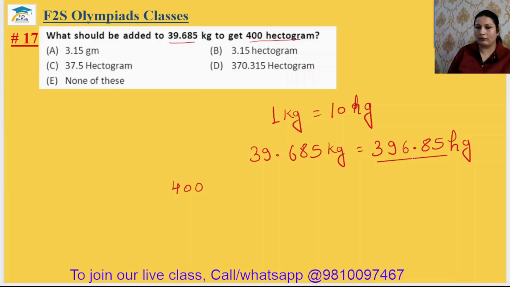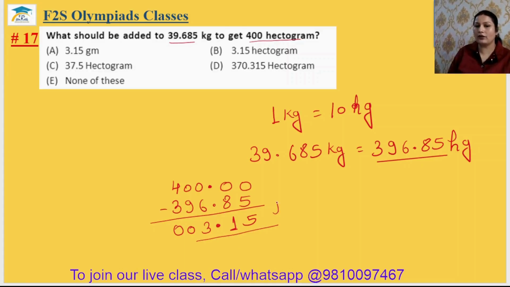For the subtraction, we make the decimal an equivalent decimal: 400.00 minus 396.85. 10 minus 5, 5; 9 minus 8, 1; decimal here; 9 minus 6, 3; 9 minus 9, 0; 0. The answer is 3.15 hectogram, because we are calculating in hectogram. So 3.15 hectogram is in option B. The 17th answer is B.